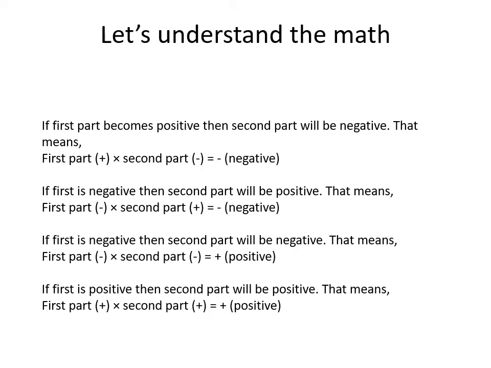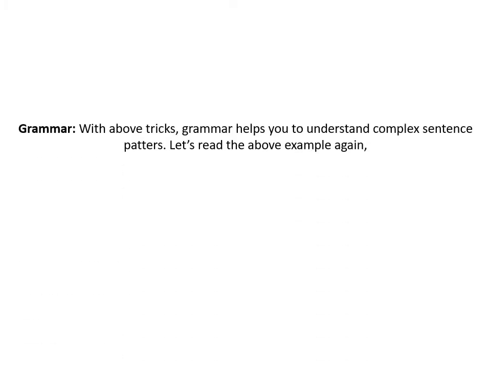If the first is negative, then the second part will be negative. That means first part minus multiply second part minus equals positive. If the first is positive, then the second part will be positive. That means first part positive multiply second part positive equals positive.